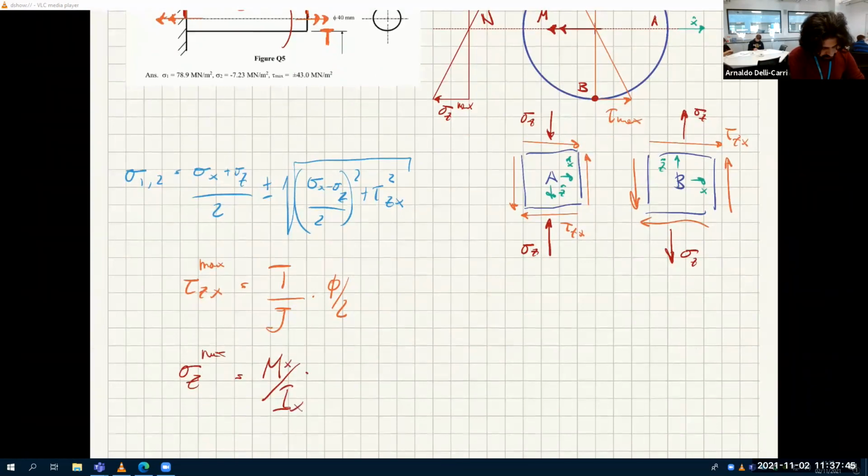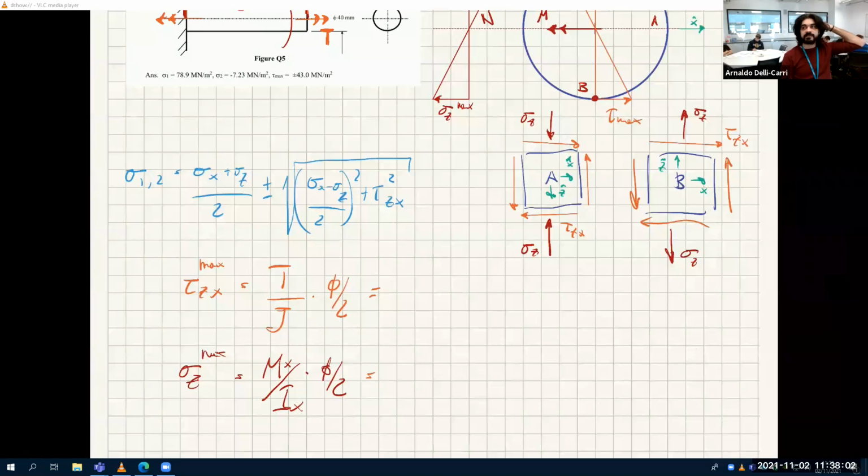And y max is also phi divided by 2. You do these calculations and you find the stress. If you use Newton millimeters, millimeters to the power of 4, and millimeters here, you get an answer in megapascals. Come on, do this calculation for me.